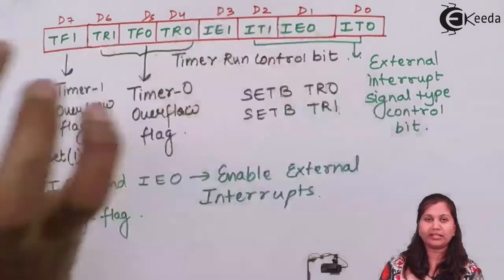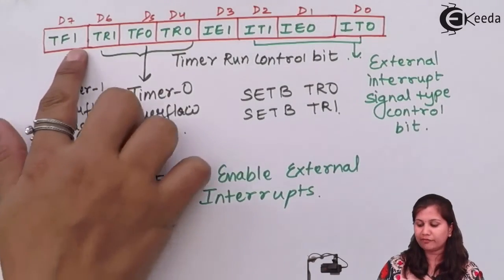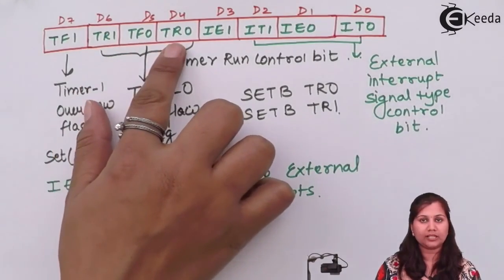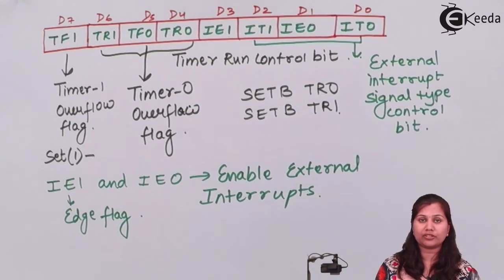So these bits are related to the interrupt operation. For timers only, we have TF1, TR1, TF0 and TR0 for timer 0 and timer 1. So this was the TCON register, the special function register having 8 bits.